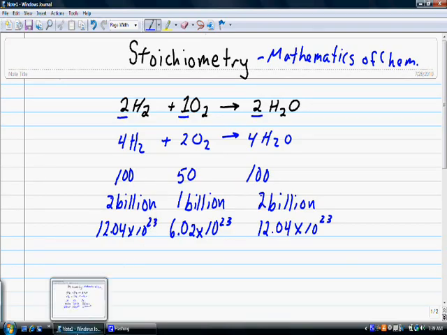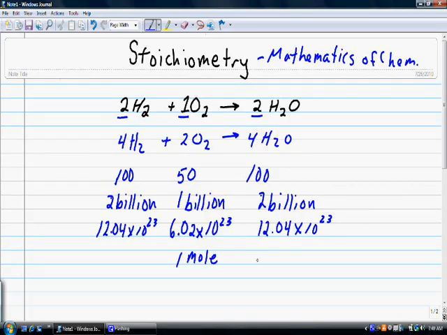Well, in chemistry, we don't really want to get into all of these digits and decimals, so we can shortcut it just a little bit. Just like 12 would be a dozen, 6.02 times 10 to the 23rd we know as Avogadro's number, or 1 mole.